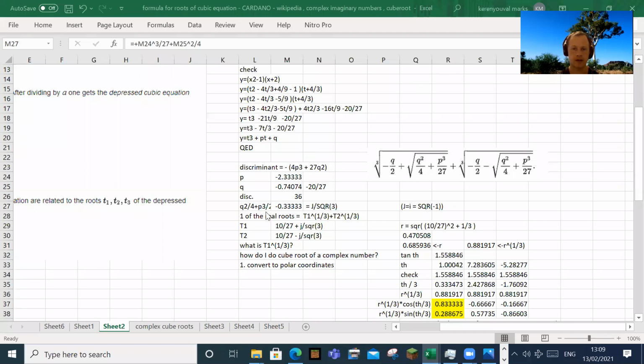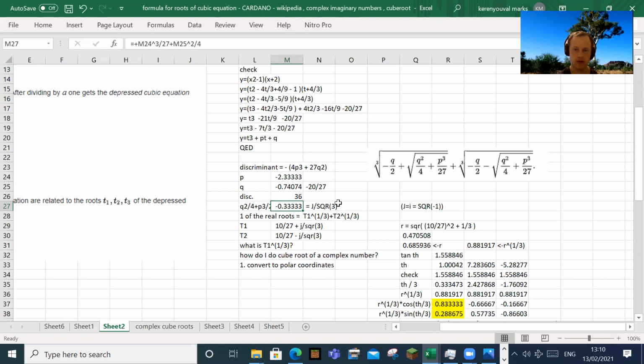So we found that Q squared over 4 plus P cubed over 27 equals minus a third. Okay, then, so let's convert that into complex numbers. That's equal to 1/3 times minus 1, and you want to do the square root of that.